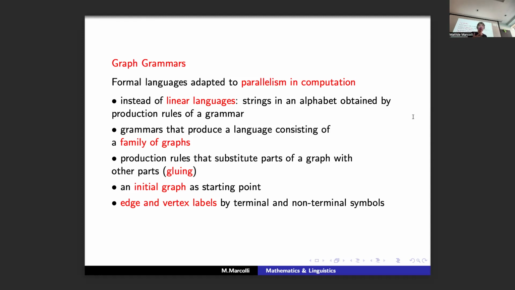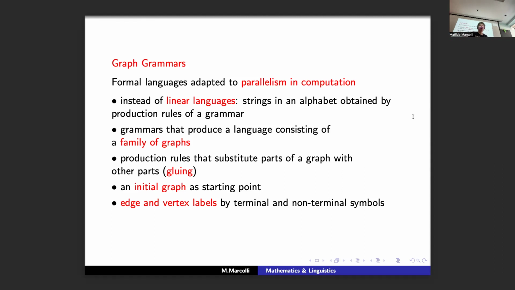And they produce a language that consists of a family of graphs. And the production rules of the language, in the case of the formal languages that we've seen in the linguistic setting, were designed to replace some non-terminals with some other string of non-terminals or string of terminals and non-terminals until you reach only terminal words, and you get the words of your language.